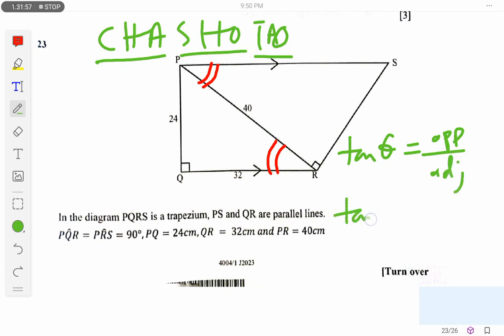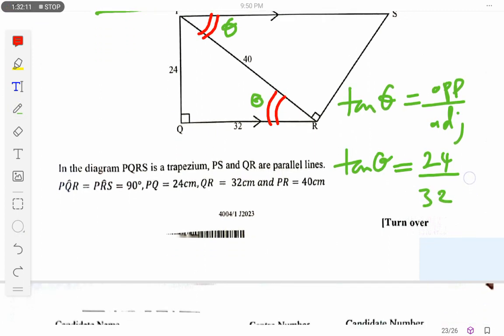Tan theta, so the theta that I'm talking about, which is the same as that, is equal to opposite, that's 24, over adjacent, that's 32. So we can simplify 24 over 32 and say tan theta is equal to 3 over 4.